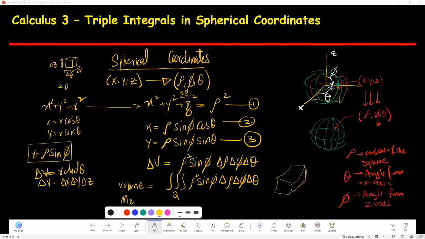If a mass is given or needs to be determined, I'm going to write the same triple integral here, and here I have a density. We used to write mass density, so I write f as a function of rho, phi, and theta, and then write the same thing on top. Remember, we used to have 1 here. The 1 is replaced by this function. So if the function is given, you treat the function just like 1. All you have to do is take the integral every time you deal with that function, and the operator will be the same.